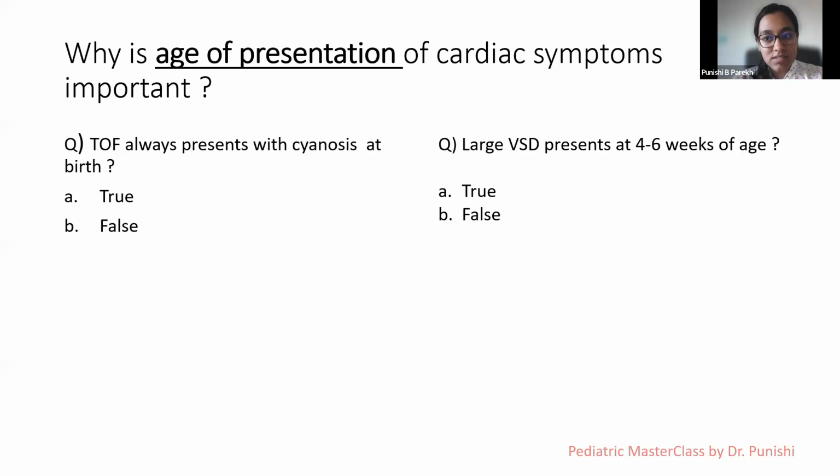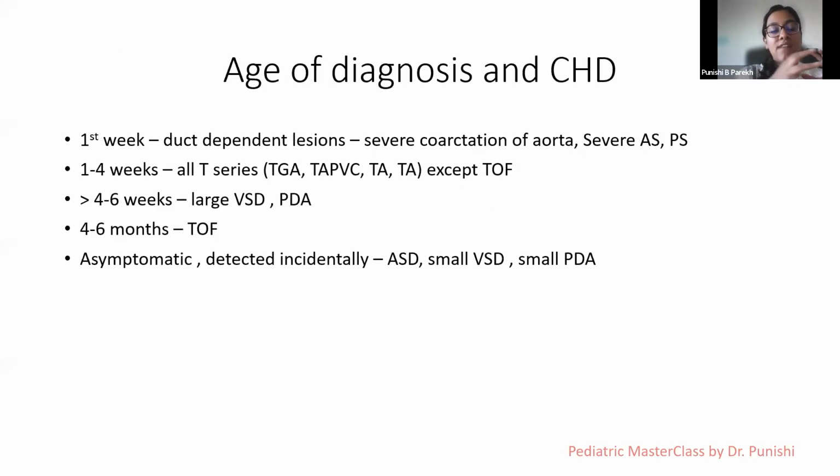Now, why is it so important for us to know at what age these cardiac symptoms started appearing? That is because you have different CHDs presenting at different times of life. If you have a CHD that's presenting in the first week of life, you have to think of duct dependent lesions. Now, what duct am I referring to? I'm referring to the ductus arteriosus, or the PDA, the patent ductus arteriosus.